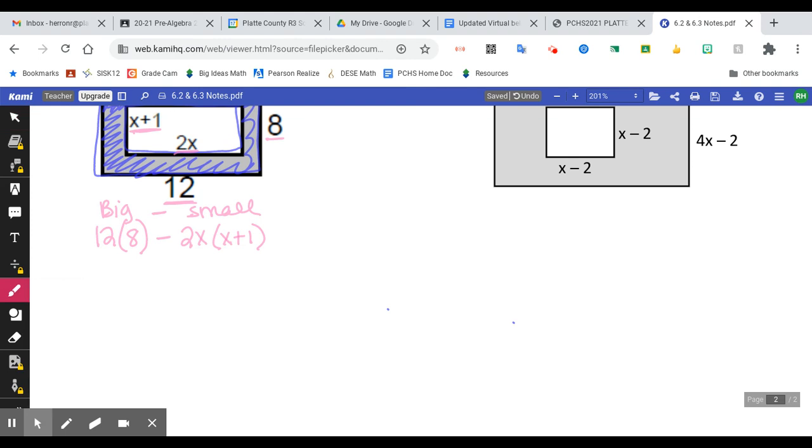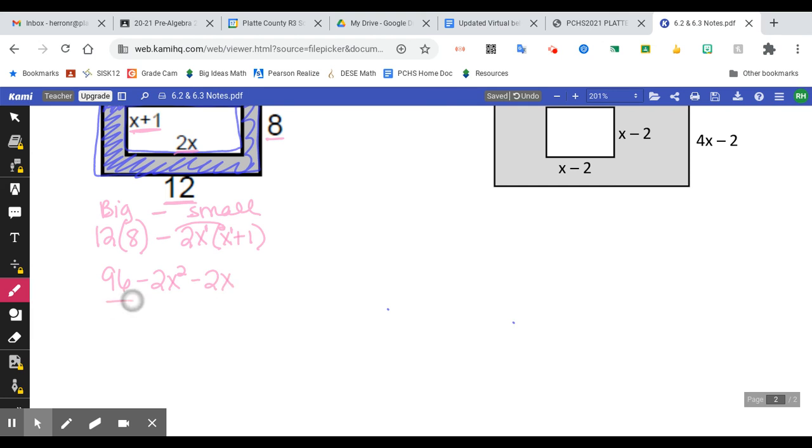12 times 8 is going to give me 96. Right? Now I'm going to have to multiply here. So negative 2x times x is going to give me negative 2x squared because I'm adding 1 and 1. Then negative 2x times 1 is going to give me negative 2x.